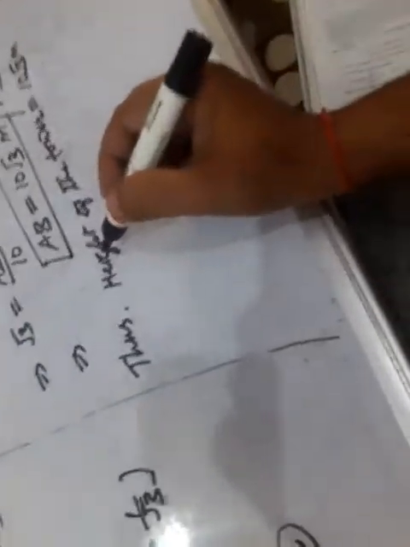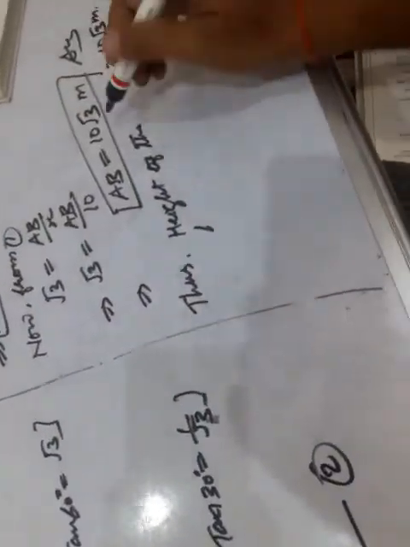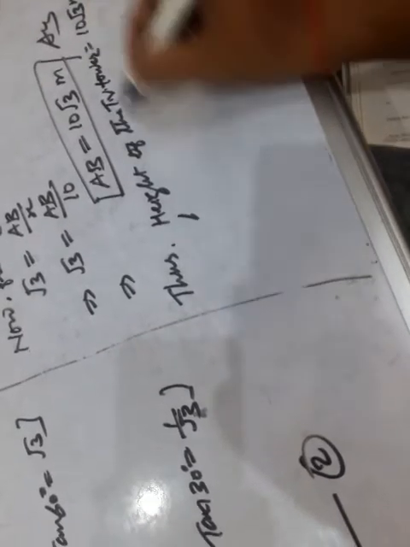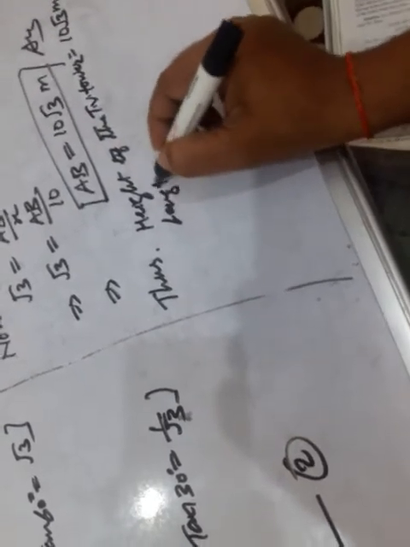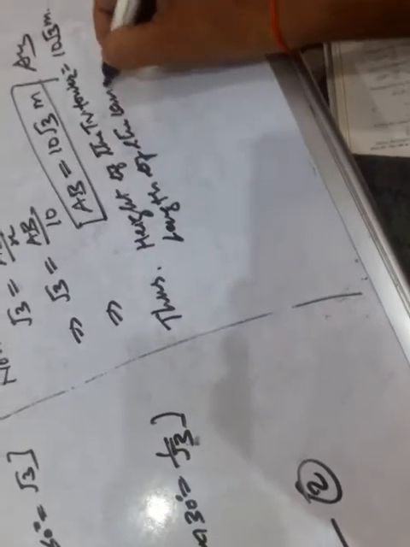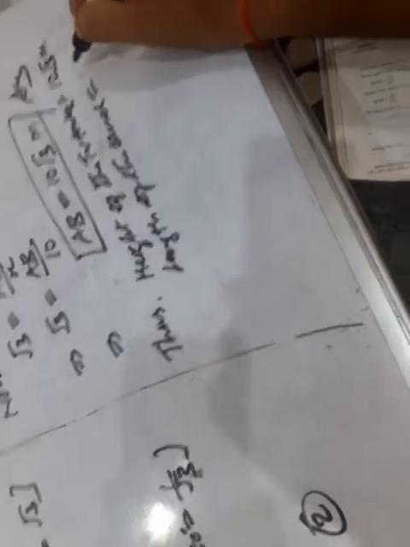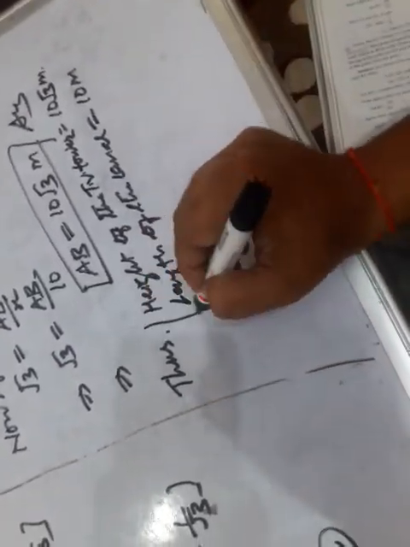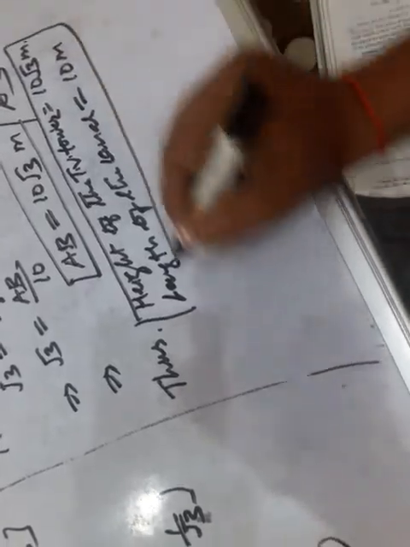And the length of the canal equals 10 meter. Clear children? This is your answer.